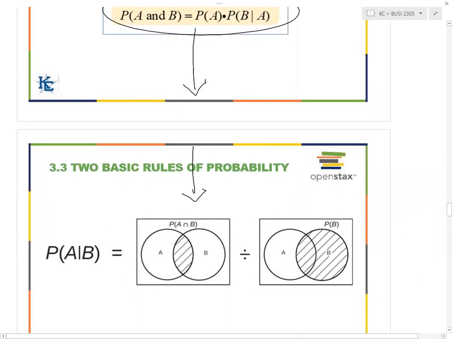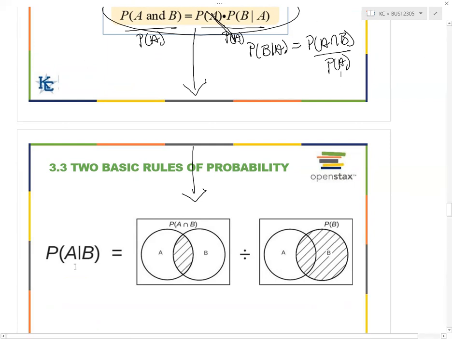If I solve this for the probability of B given A, then I would have to divide both sides by the probability of A. And here it would cancel and you would get the probability of A intersect B over the probability of A. And so you see here, that's what's occurring.